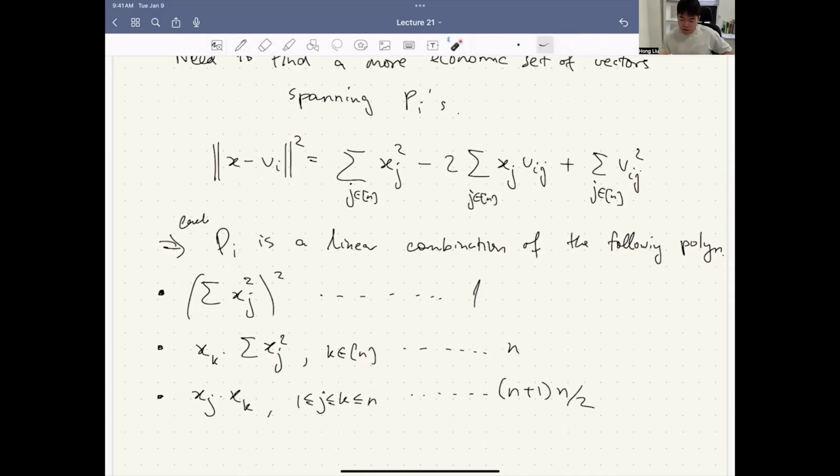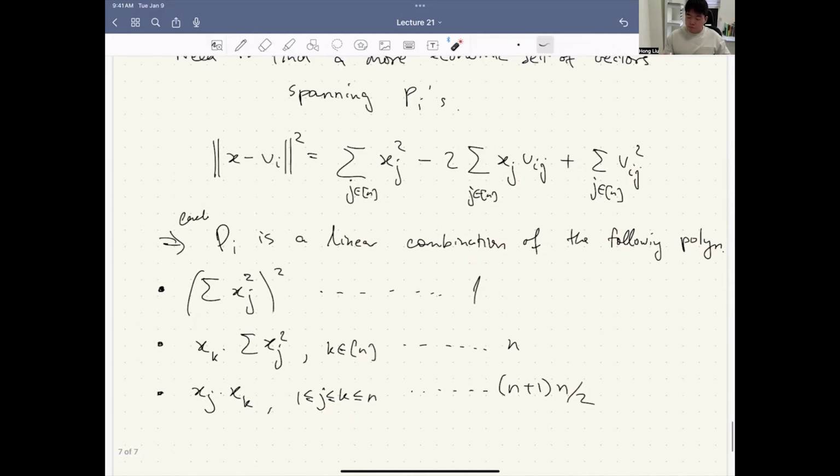The distinct ones is n choose 2, which is n minus 1 times n over 2, plus the identical ones, x_j squared, which is n of them. So flip the minus 1 to plus 1. Cool. Okay, this times this we are also done.